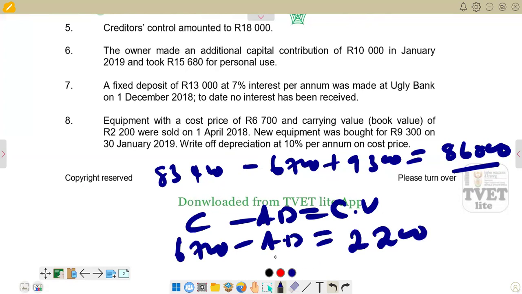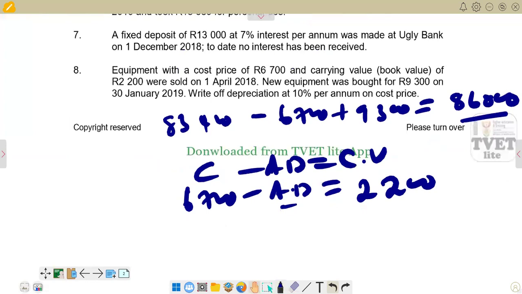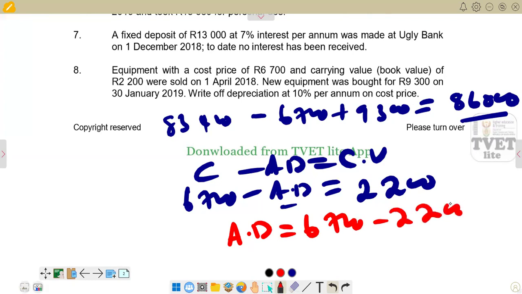So we want to find the figure for accumulated depreciation. So basically, what we can do there is to make accumulated depreciation the subject of the formula. Then accumulated depreciation is equal to 6,700 minus 2,200.